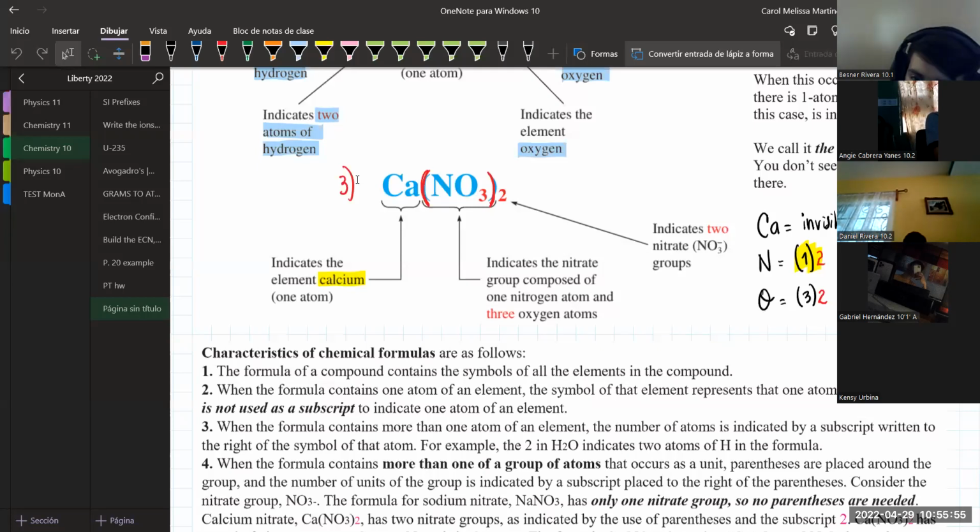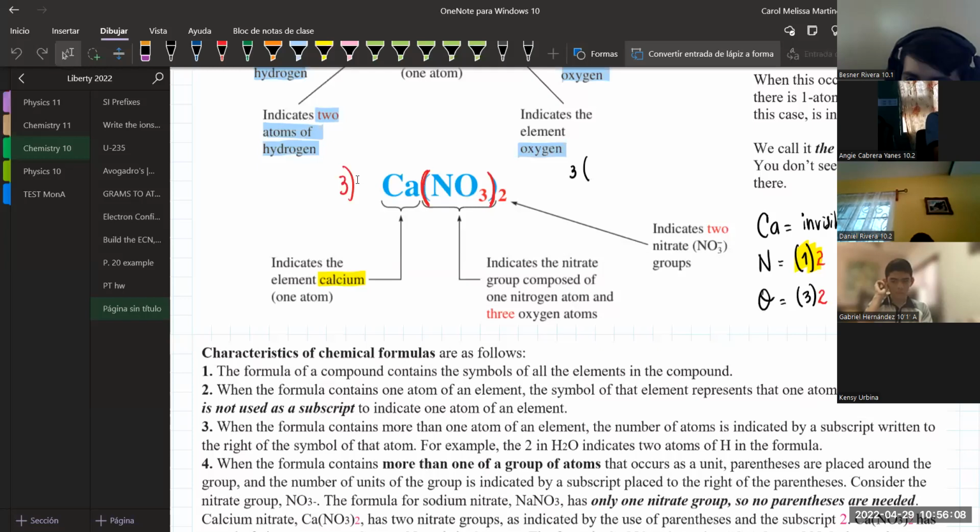So it is like the distributive property in math. Remember what Mr. Calix told you about the distributive property. If you have, for example, 3 multiplying x plus 2, how do you apply the distributive property?